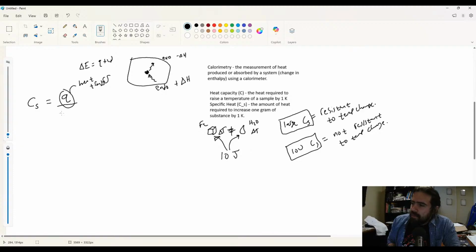And then we divide that by the mass of the substance in grams, and then the change in temperature.